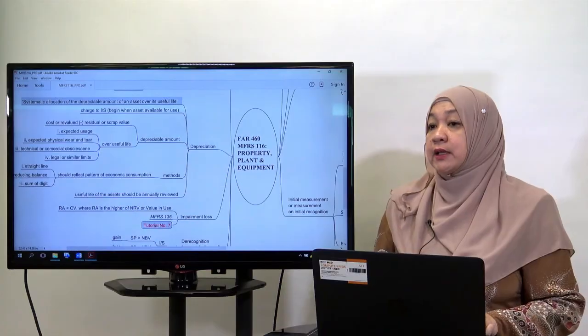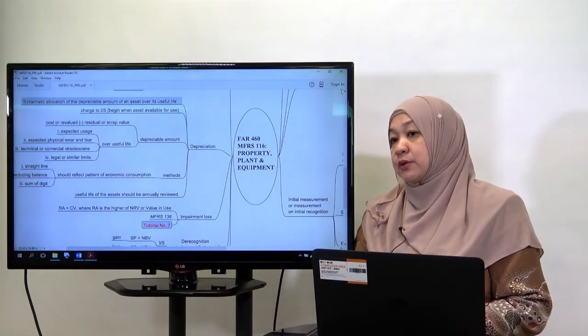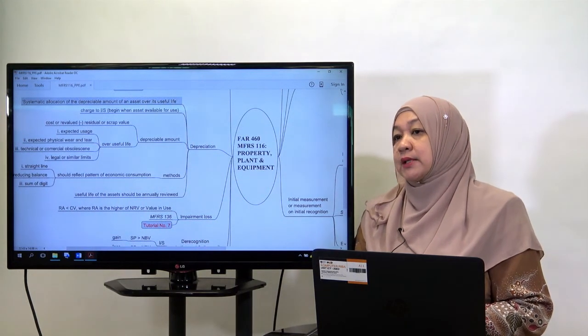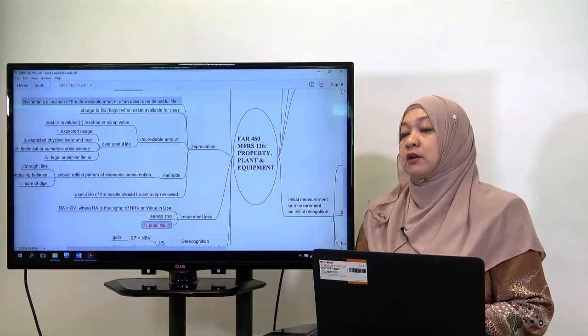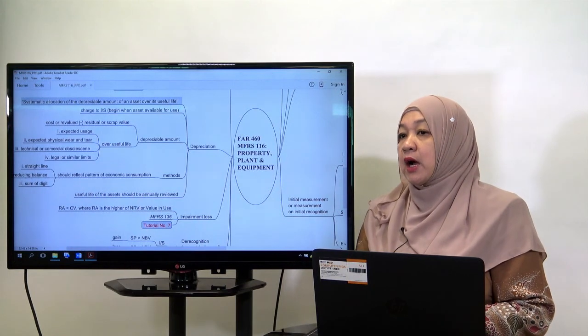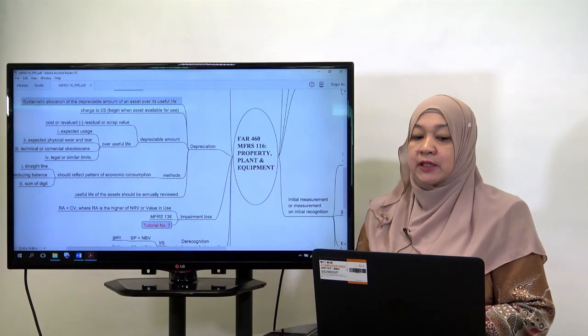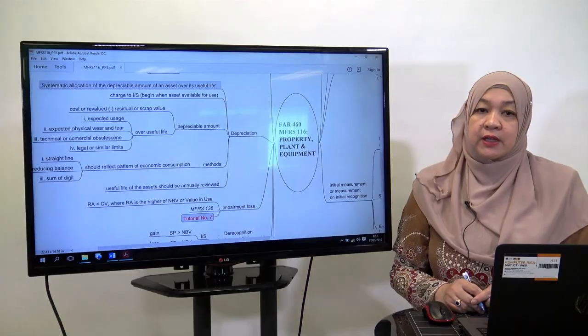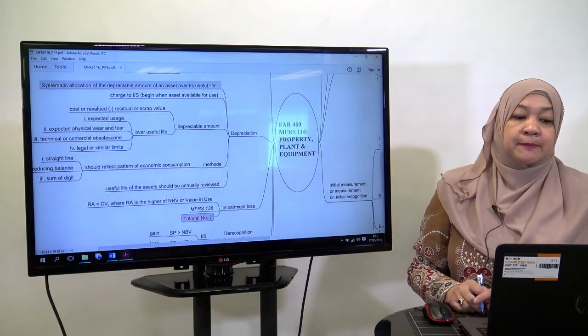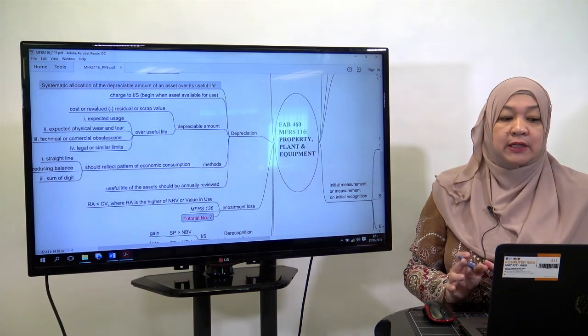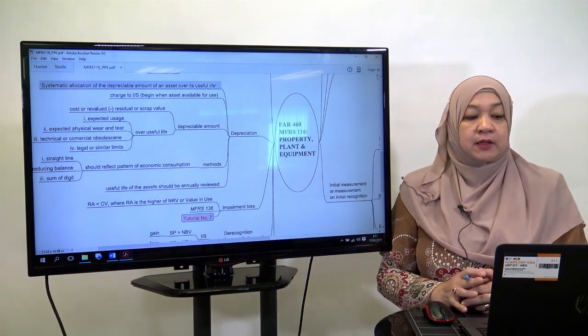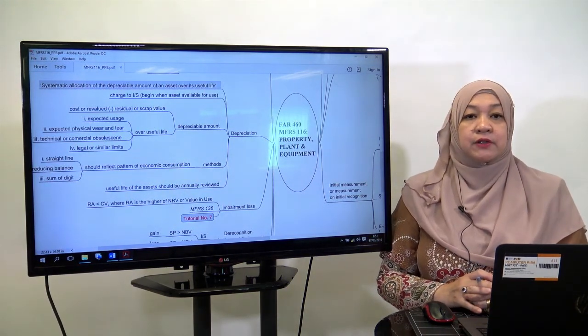In other words, if after using that particular asset, we decided to sell it off at the end of its useful life, how much money are we going to get. Another term for scrap value is residual value.